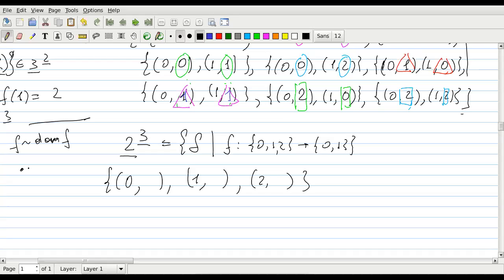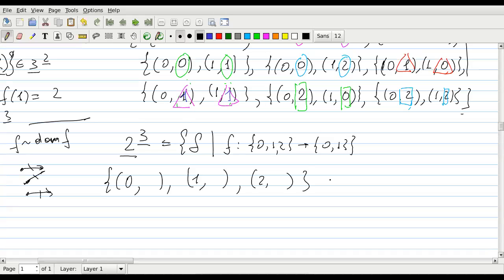Is it clear? As many pairs as you have arrows. This is true for every function. And in particular, here we shall have 3 pairs.